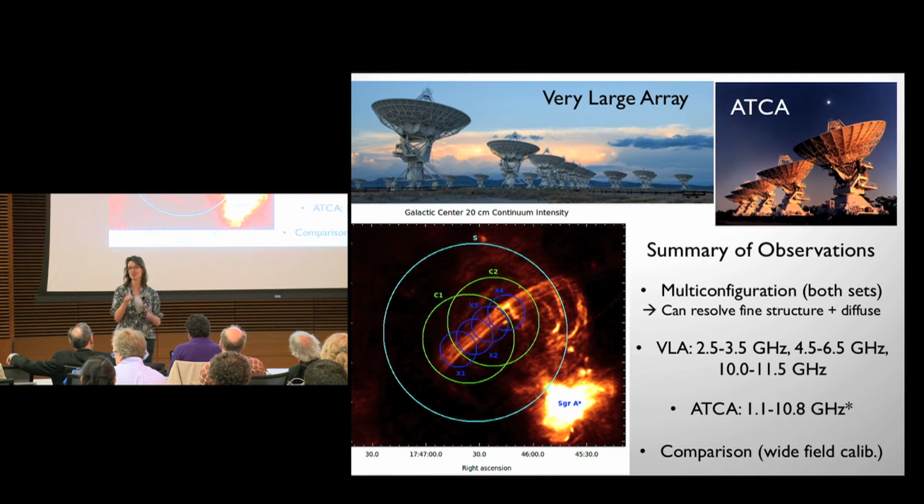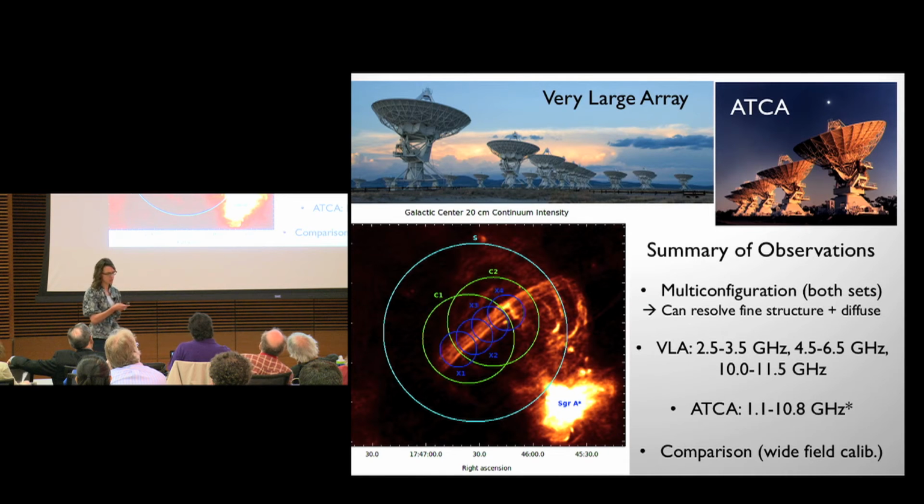I appreciated in the last talk the check with the Westerbork data, because when you start to see these filamentary structures, when you're looking at polarization in detail, it's nice to have a check that you're seeing this with two different instruments. In the case of the VLA, there's still some kinks to work out with how you mosaic wide fields of polarization and have the sensitivity to polarization, to correct for that across the primary beam.